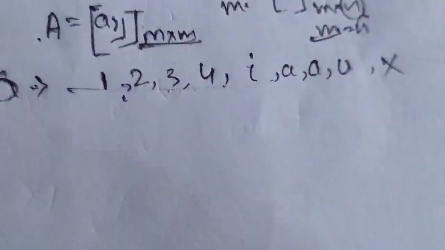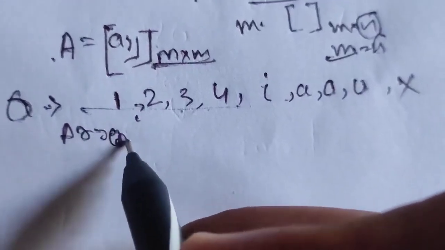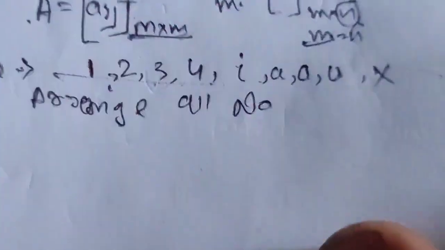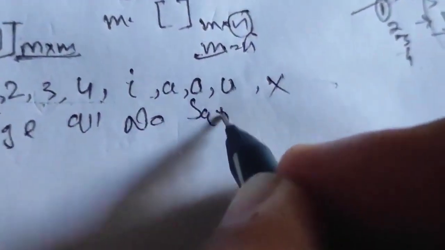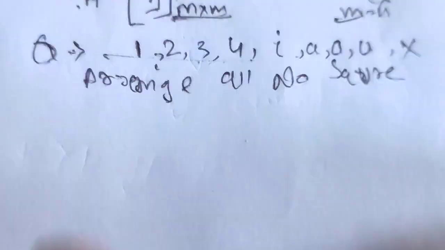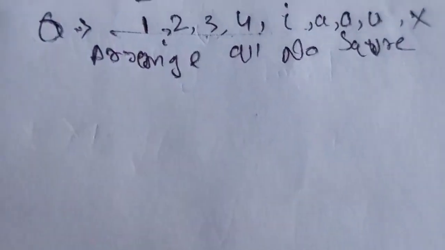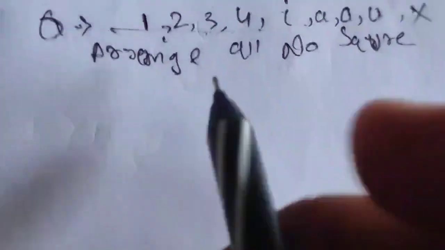My question is, because a matrix is an arrangement, arrange all the numbers in a matrix, in square form. Square means all the rows and all the columns are the same, meaning the number of people in rows equals the number of people in columns. I explain this with an assembly example.